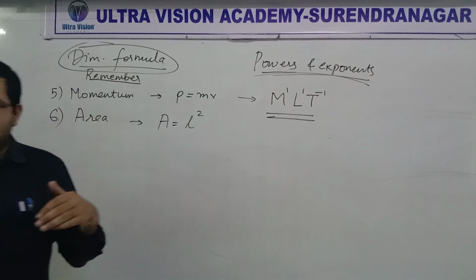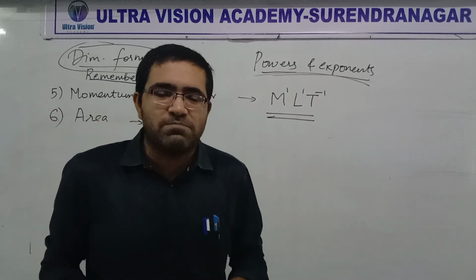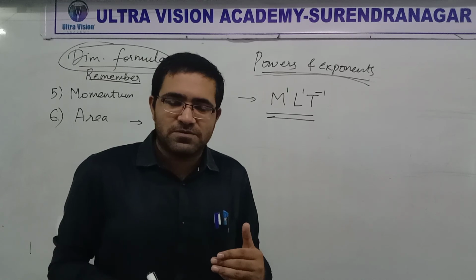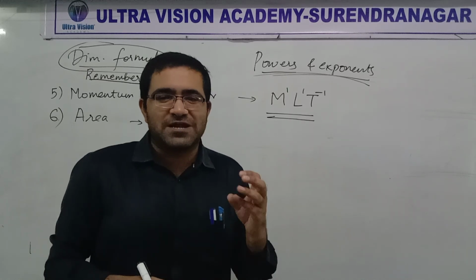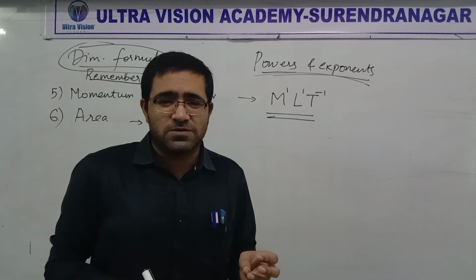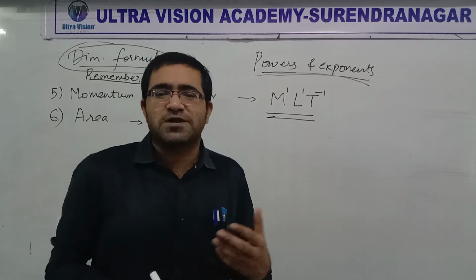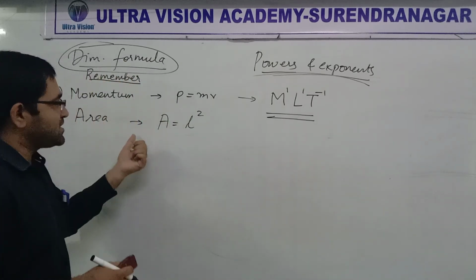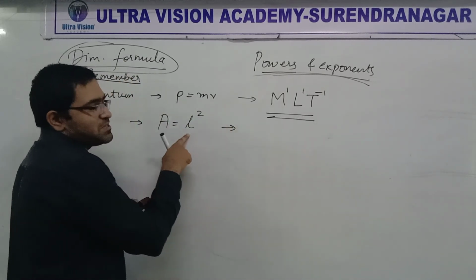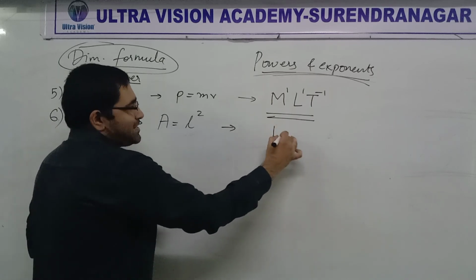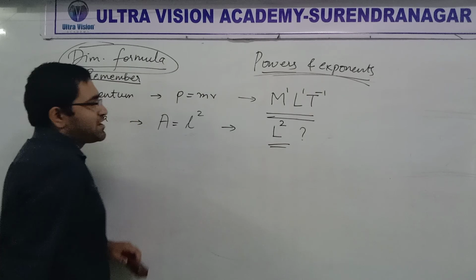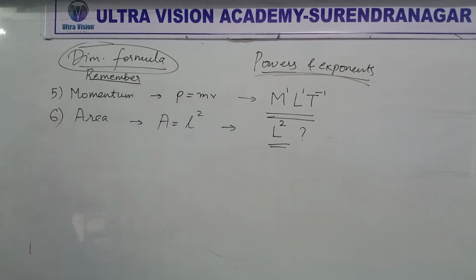I know we are not told that we are talking about a square, but every kind of area is area. Whether it's the area of a square, a circle, the surface area of a sphere or a cylinder, area is ultimately area. So its dimensional formula will always be the same, that is L raised to 2. Is this clear, everyone?